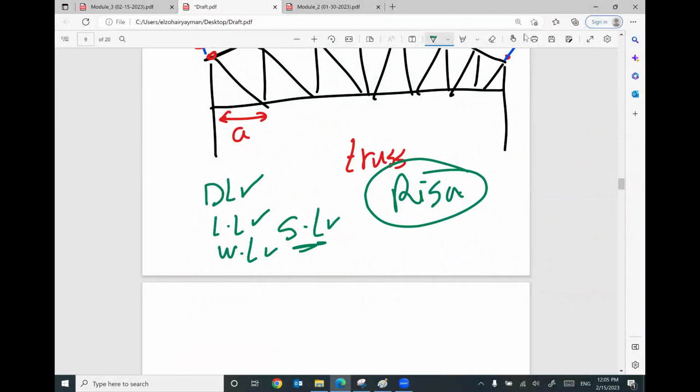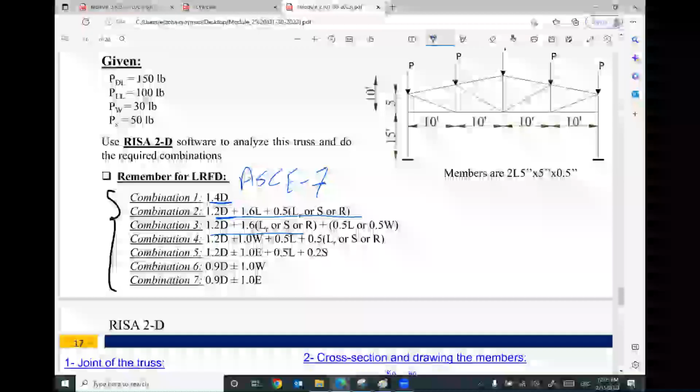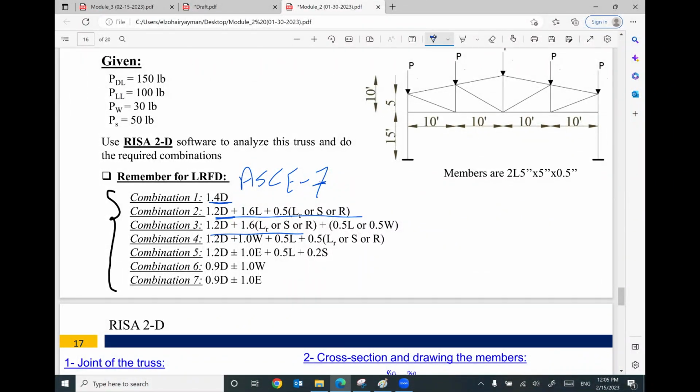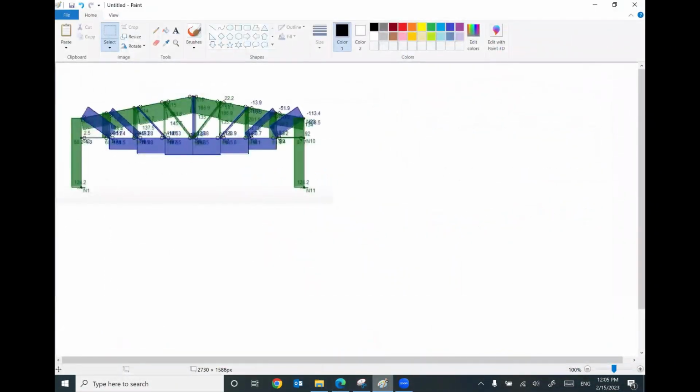And we defined many combinations. If you remember, we defined these combinations to combine according to ASCE 7. Once you define your combination and make run or solve on RISA, you will get this final results. That makes sense?